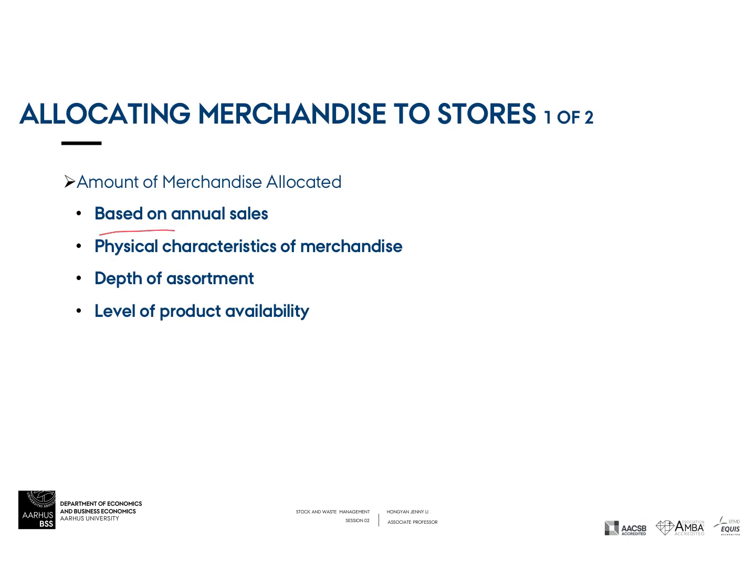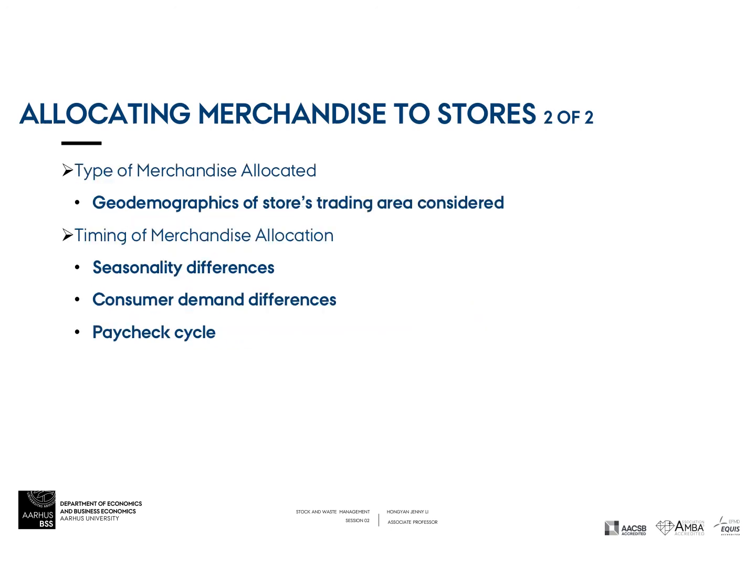This should be based on the annual sales and also the physical characteristics of the merchandise, the depth of the assortment, and the level of product availability, which normally we call service level. These are all very general criteria you need to know about.